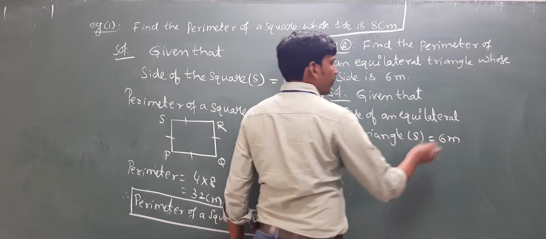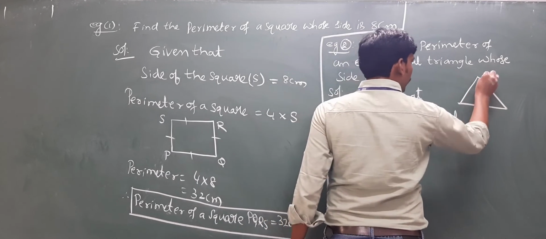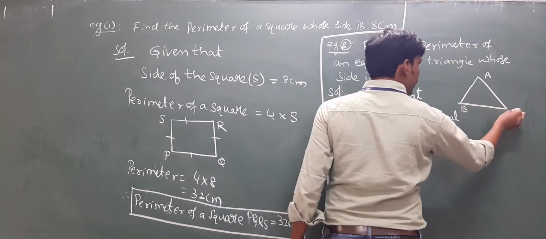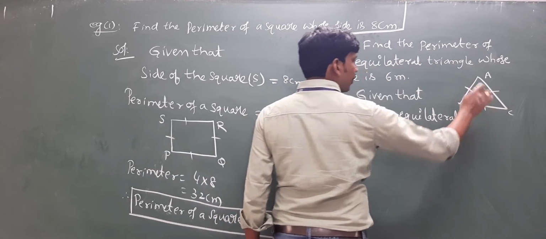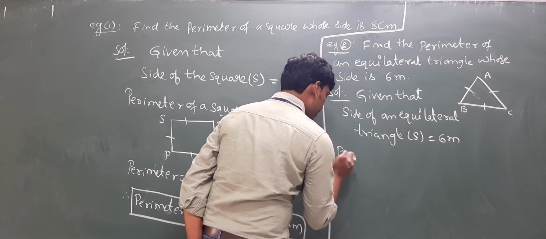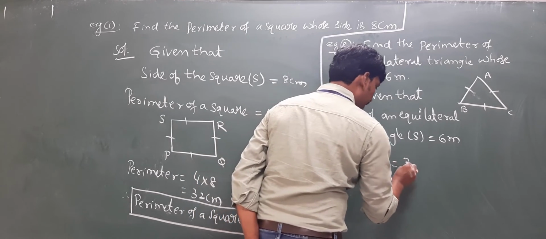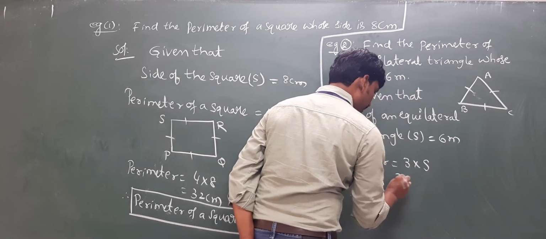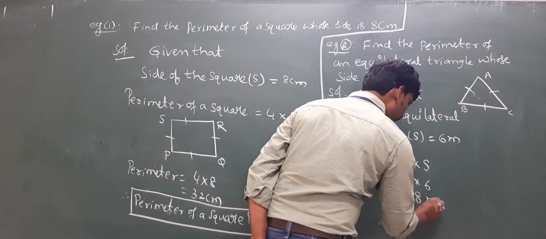So now I am drawing the triangle here. Triangle ABC. All sides are equal to each other. Each side is equal to how much here? 6 meters. So therefore perimeter is equal to, what is that? 3 into side, which is equal to 3 into 6, that is 18 meters.